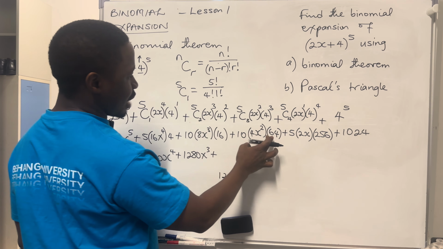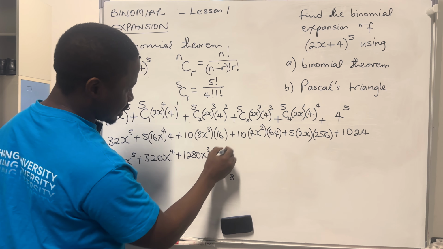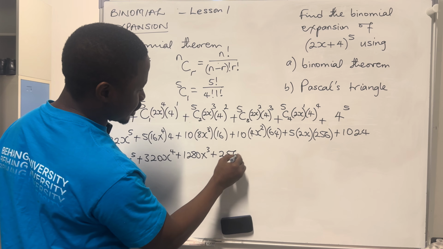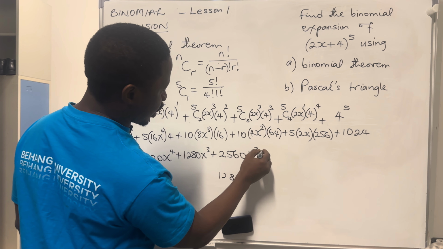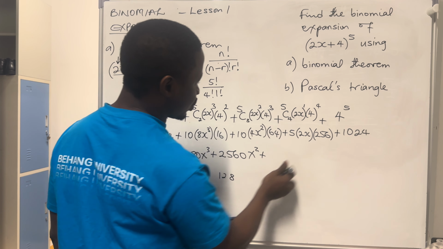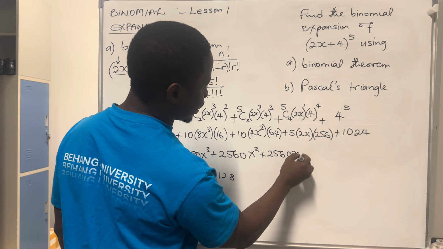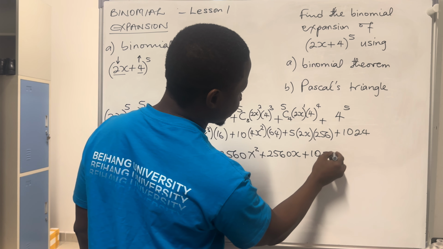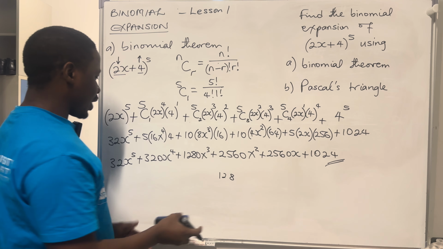4 times 64 is 256. So 2560 with this 10. Then x squared. 5 times 2 is 10. 10 times 256, 2560 x plus 1024. So this is what we have if we expand this one using the binomial theorem.